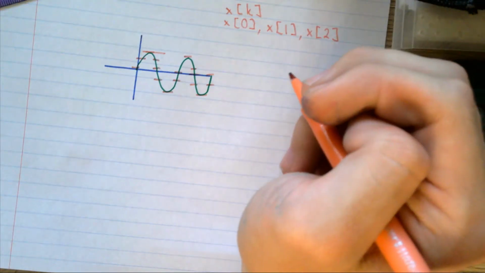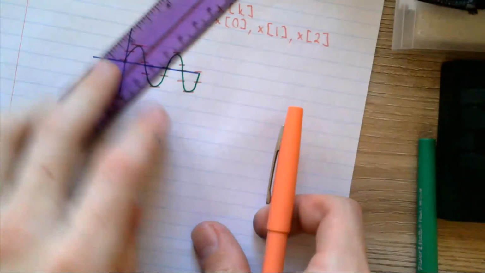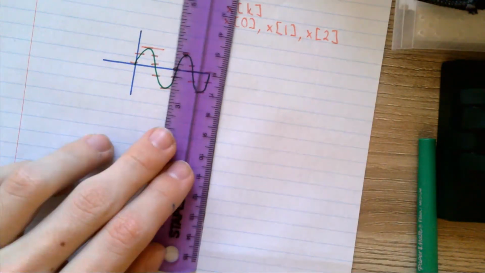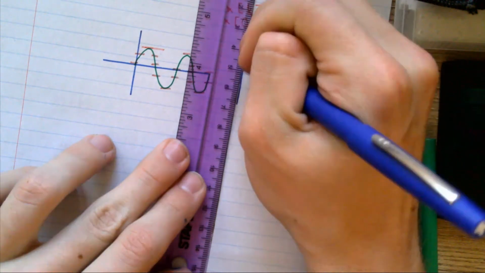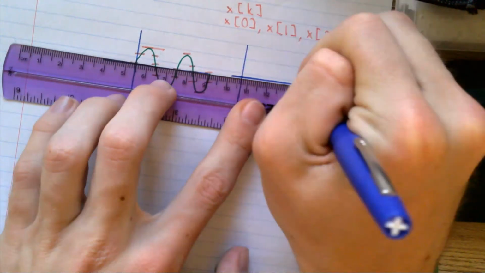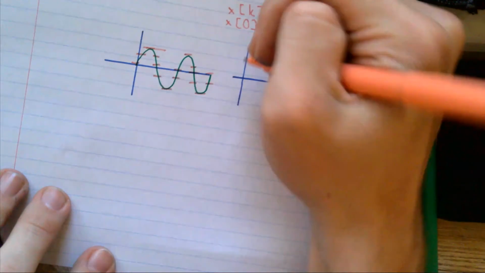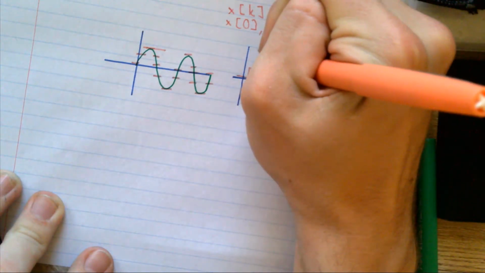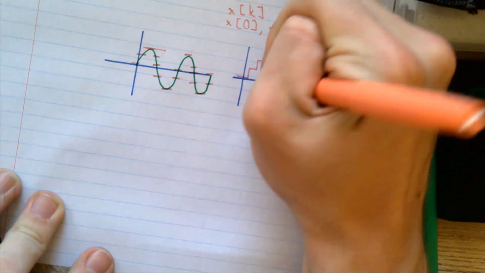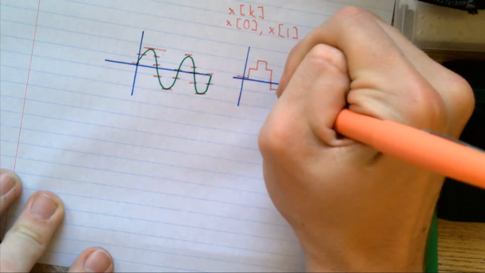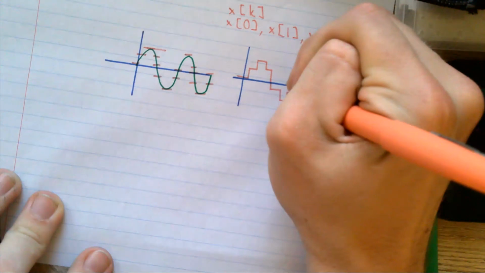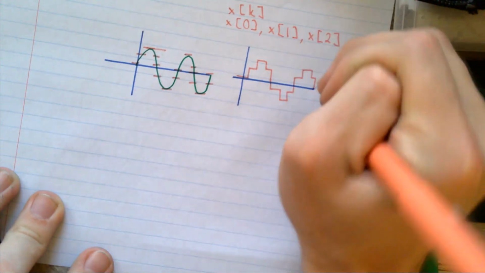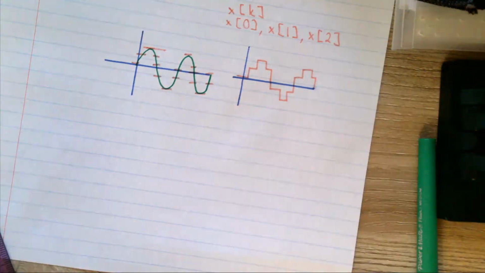It's going to look something like this, because we can only assume certain values, we can't assume the entire waveform. So the quantization would be something like this, then up, down, and here we go. This is the quantization, because we can only assume certain quantized levels.